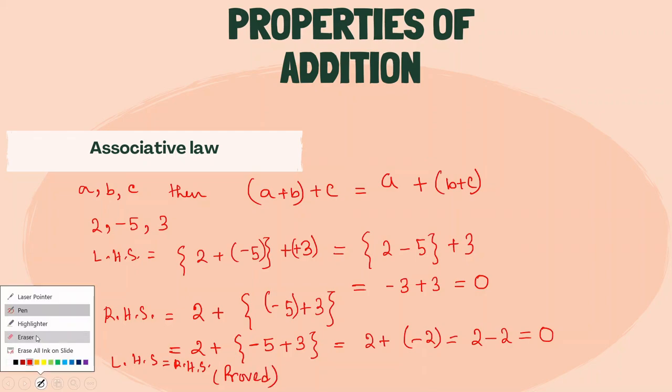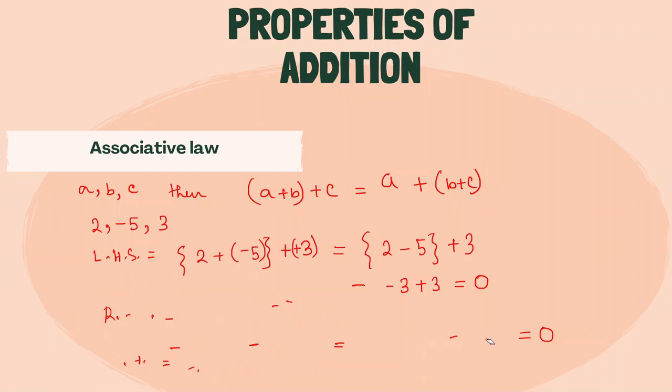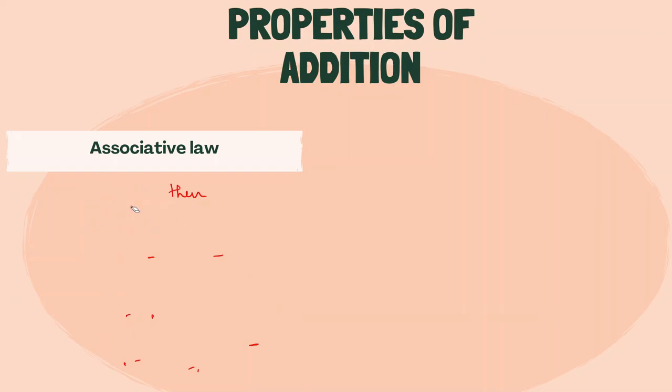Now I will erase this whole thing. This is the third property. We have to take another property, that is the fourth property. Fourth property's name is additive identity.